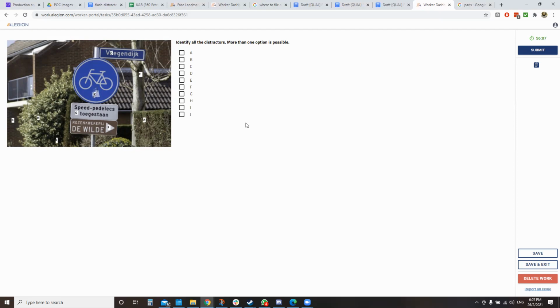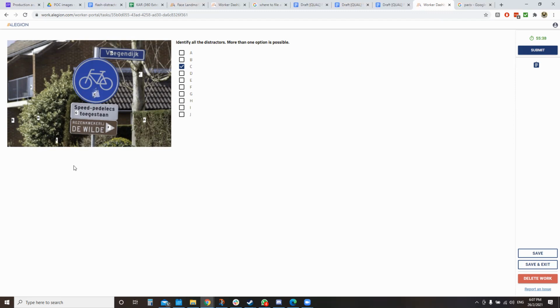So which means the distractors in here is, look at the tree. Do you think the tree is an appropriate representation, or is it something that is necessary in this picture? No, right? So the tree can be removed. Now, what is another thing that you think can be removed and should be removed?